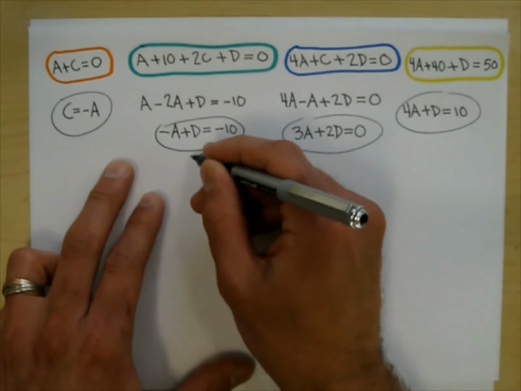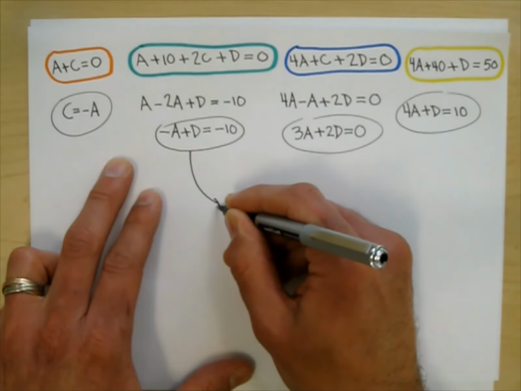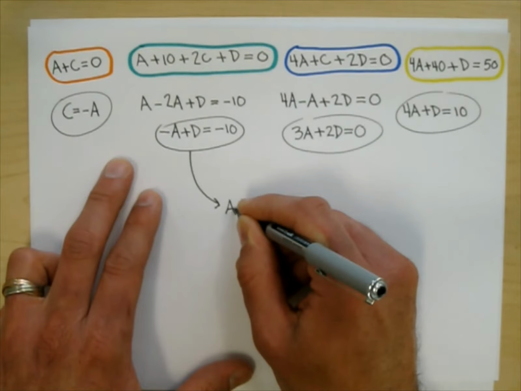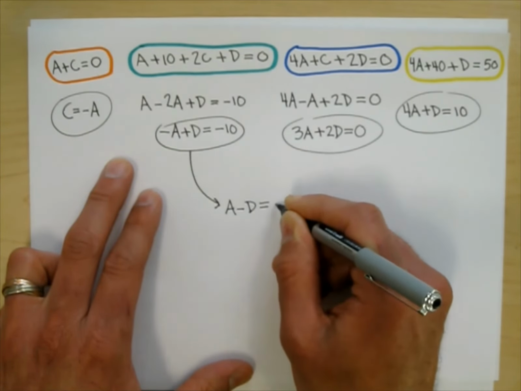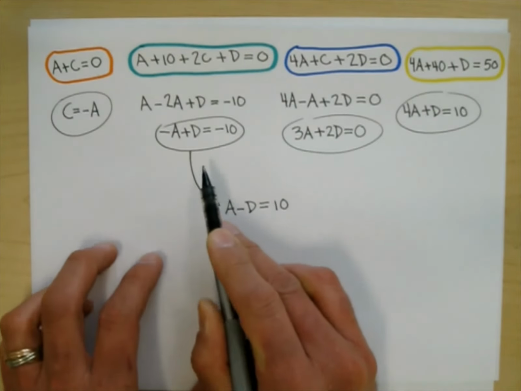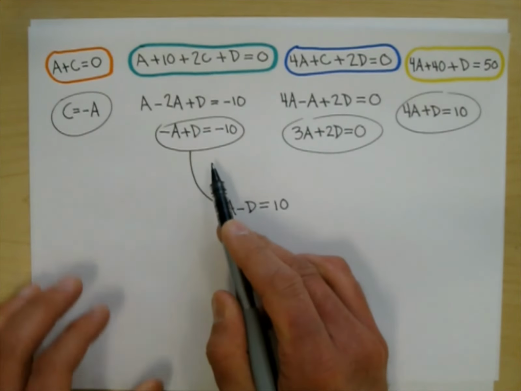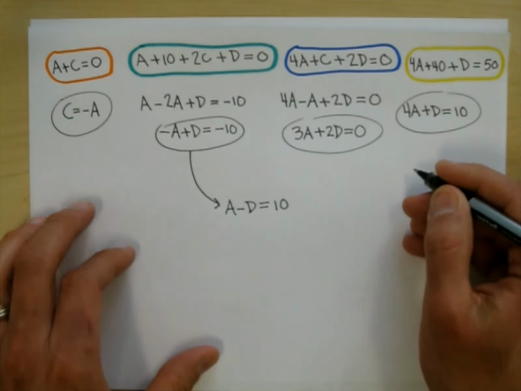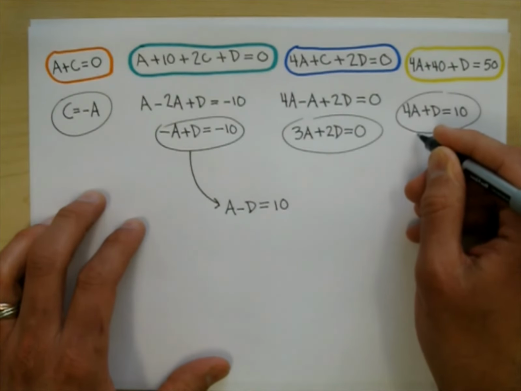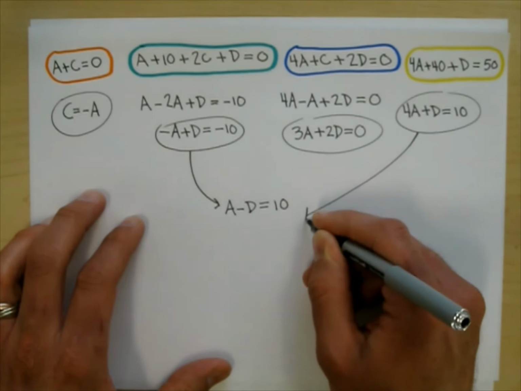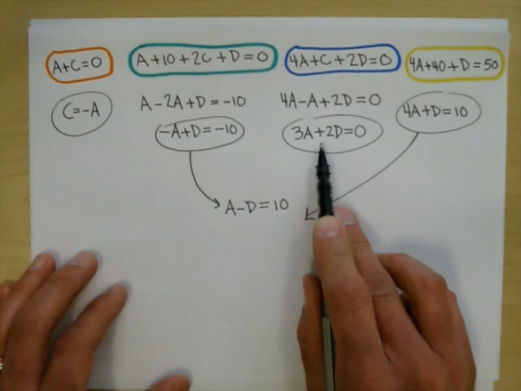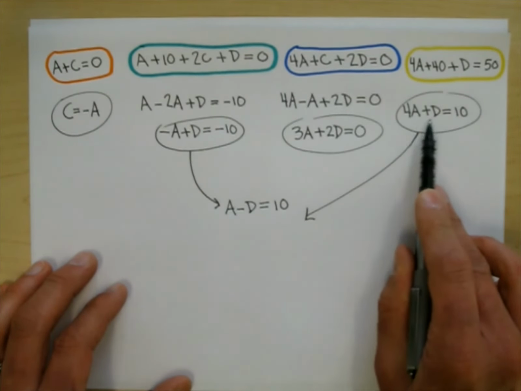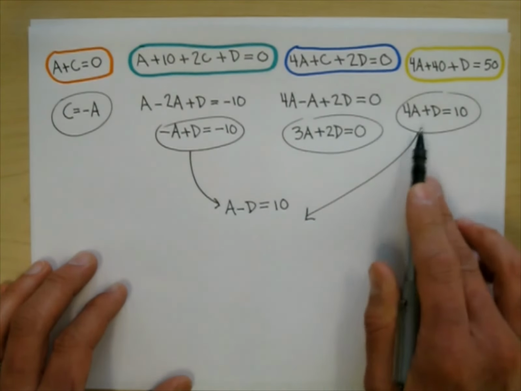So what I'm going to do is take this equation right here and write it as A minus D equals a positive 10. So I multiply both sides by -1. And then perhaps I'll take this equation here and write it down there. Now this right here is just redundant. We should make sure all of our values work in all these equations, but I'm going to use this one right here.